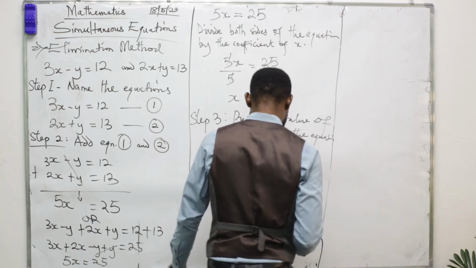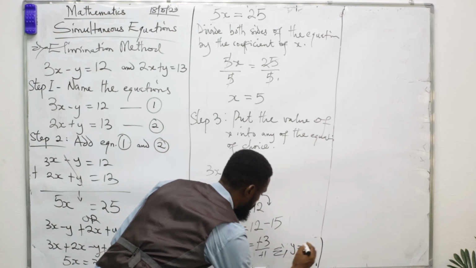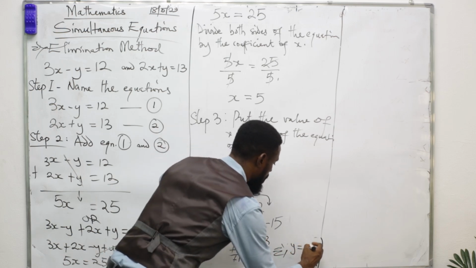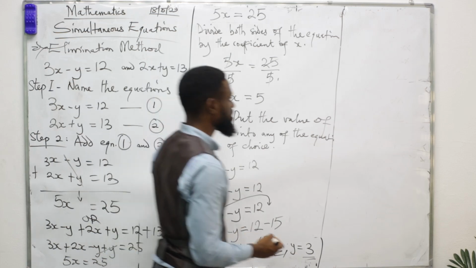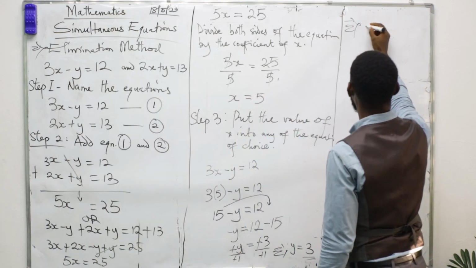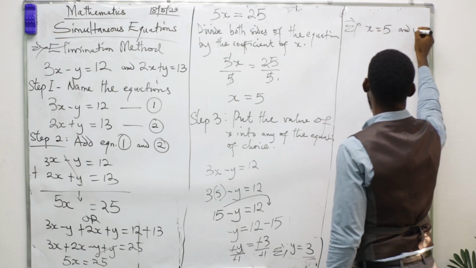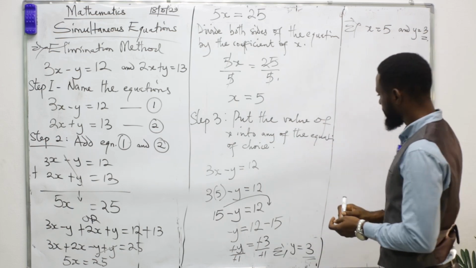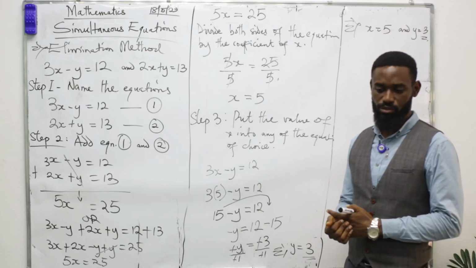So this implies that y is equal to 3 divided by 1, which is still 3. So y is equal to 3. So this equation is satisfied. So we say this implies that x is equal to 5 and y is equal to 3. So this is how to solve simultaneous equations using the elimination method.